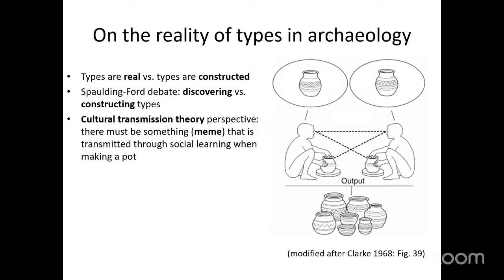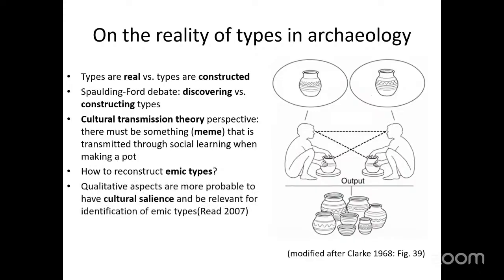So we take this position in our research here, that there is something real about the type that we need to measure and discover. Now, the question is how to do it. How do you get into the heads of people who are long gone? How to reconstruct and define these emic types?